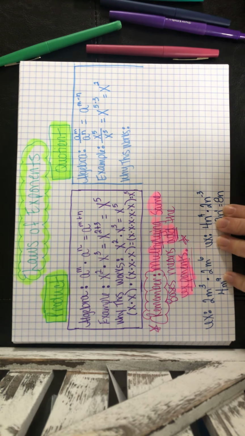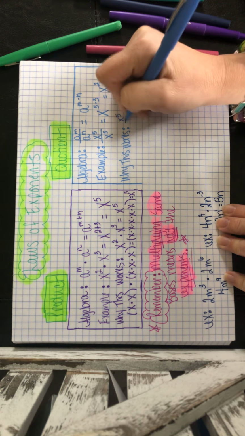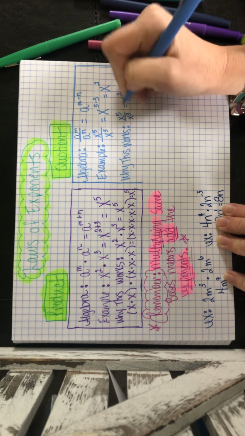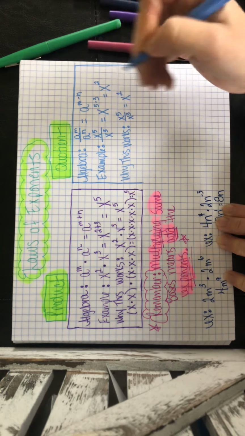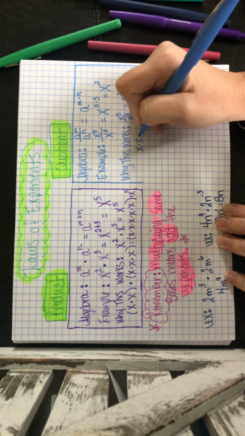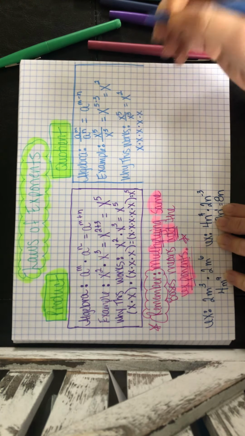So the reason that this works, if we have x to the fifth divided by x to the third, we know that that equals x to the second. Here's why. In the numerator, we have x to the fifth. That's x times x times x times x times x.